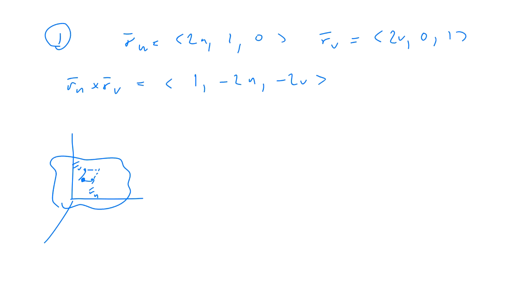So let's find for this one, find the surface area if u goes from 0 to 1 and v goes from 0 to 2. So over that little rectangle.